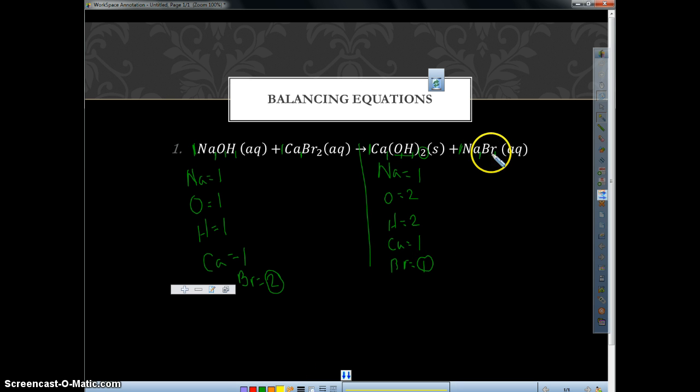So you find your bromine, it's here, and I'm going to change this coefficient out front to a 2, because then I'll get 2 times 1, and that will be 2 bromines. So every time you put in a coefficient, you want to rewrite the equation and tally everything up to make sure nothing else has changed as a result of putting in that coefficient.